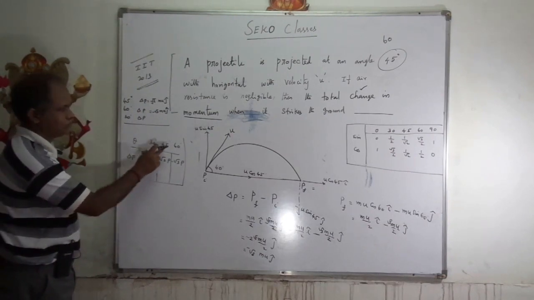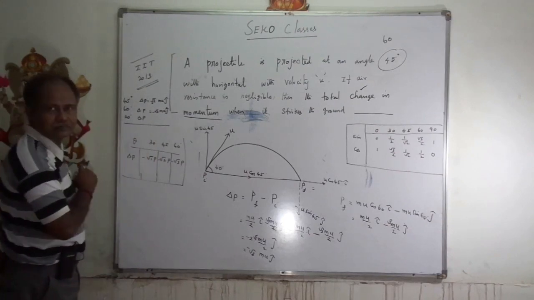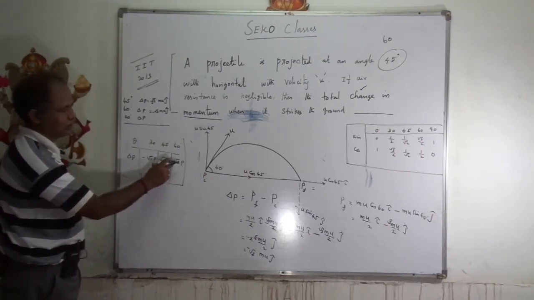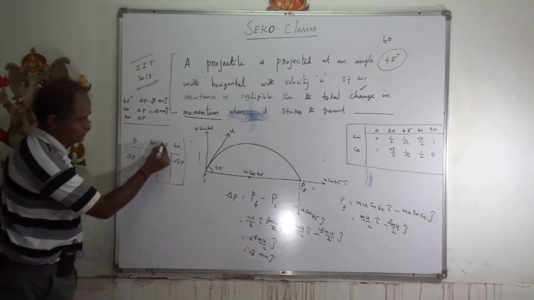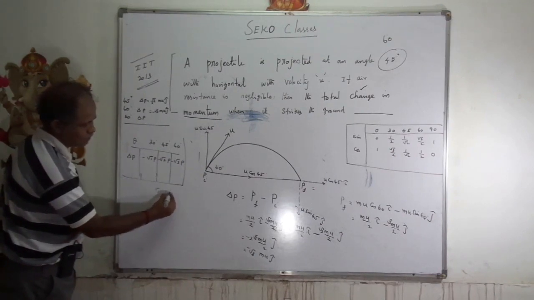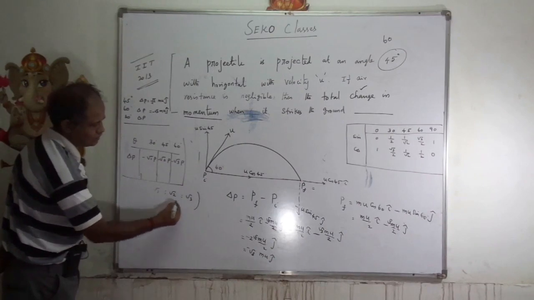Change in momentum when the angle of projection is 45: that is minus root 2 p. Change in momentum when the angle of projection is 60 degree: that is minus root 3 p. What's the case here? For 30, 45, 60, it is root 1 is to root 2 is to root 3, the shortcut way.